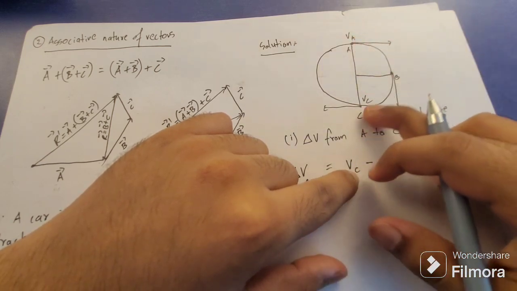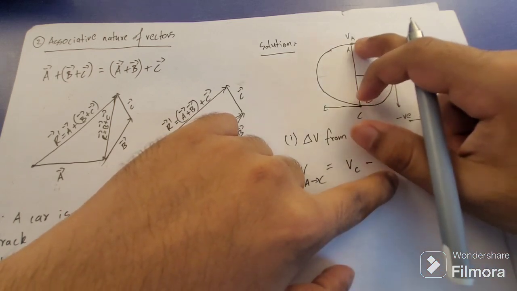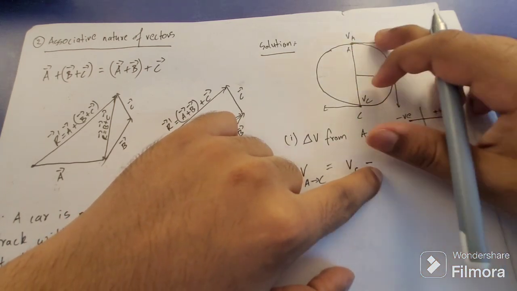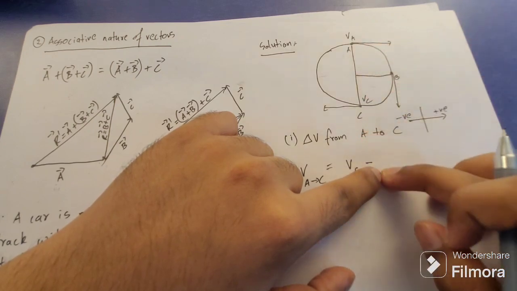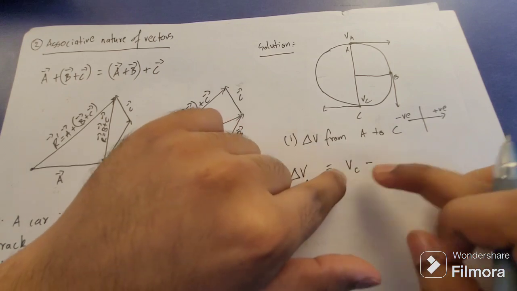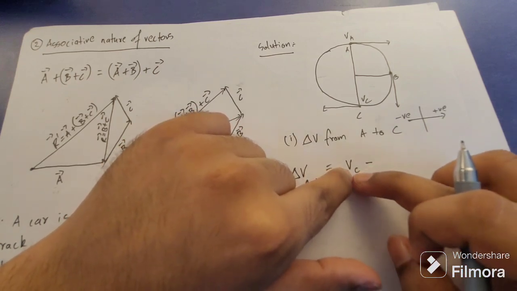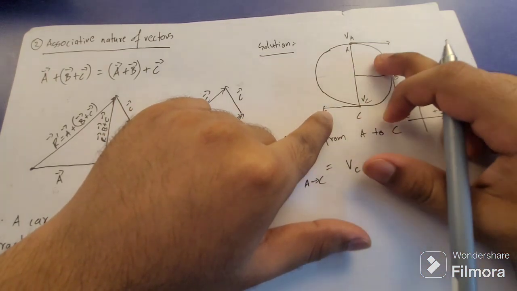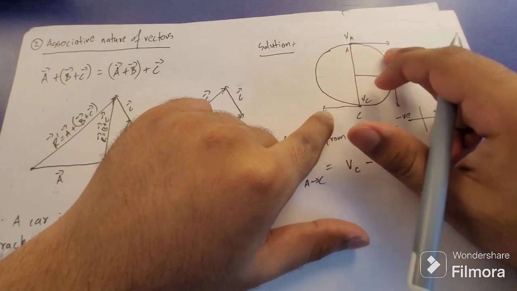So final is the velocity at point C, which is VC, minus the initial velocity, which is at point A. But the direction of VA should be taken as minus of VA in this equation, because if we are considering VC as positive, VA would be negative as it is completely opposite to the direction of VC.